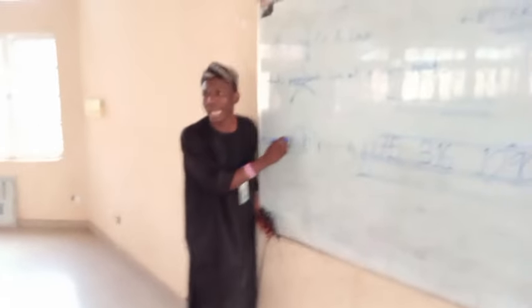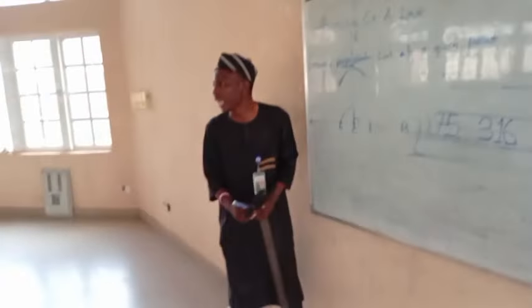Let your protractor have this center and the horizontal should align. Then point out towards 90 degrees and draw a straight line.